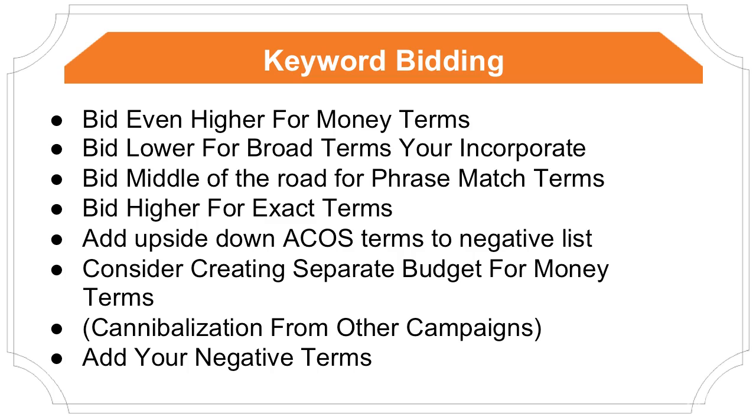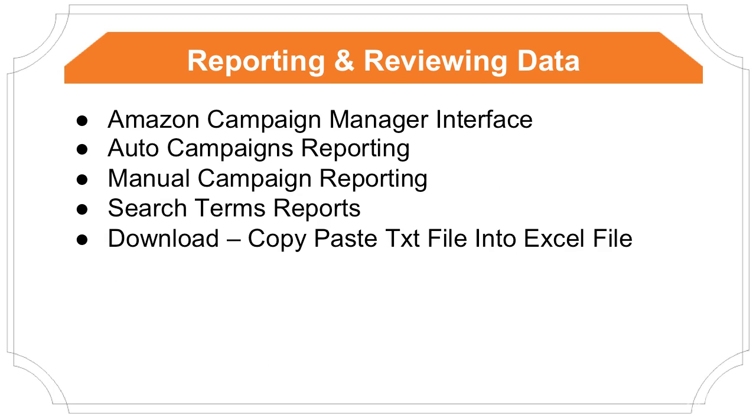Did I say something about adding your negative terms? I mention it so often because I really want to stress the importance of it. Yes, we want to build great campaigns and we want to have a great ACOS, and these are some ways to help create a better ACOS for my campaigns.